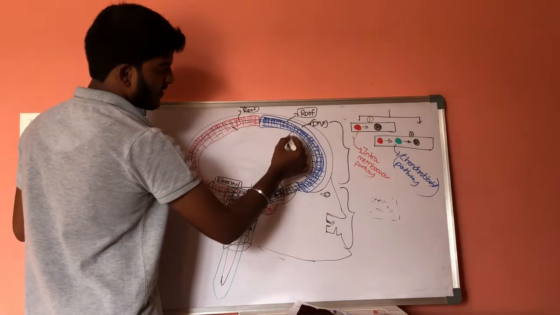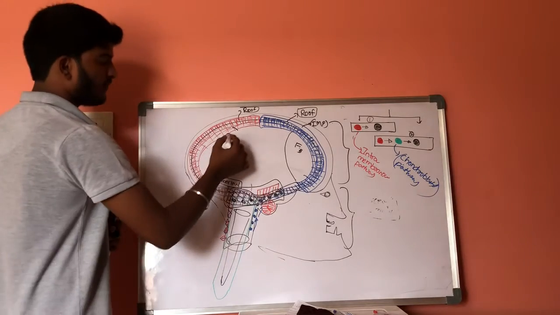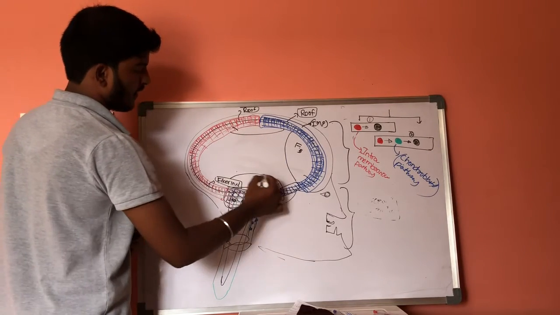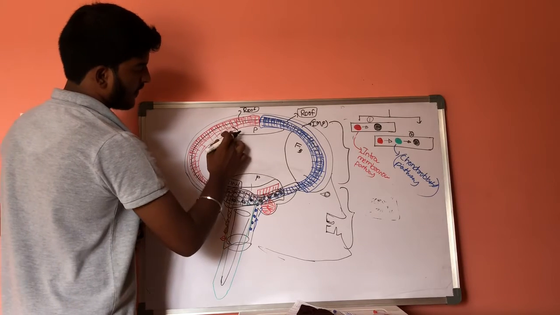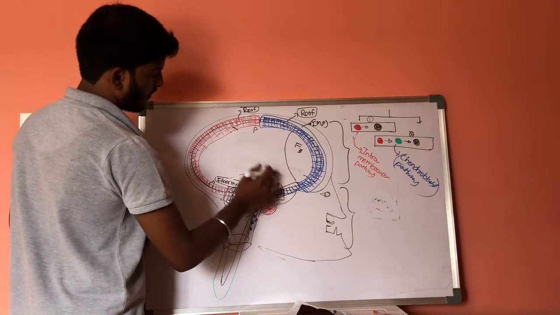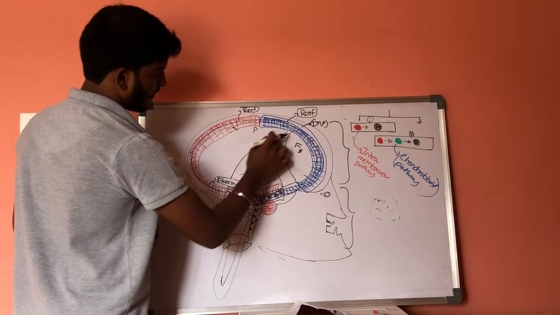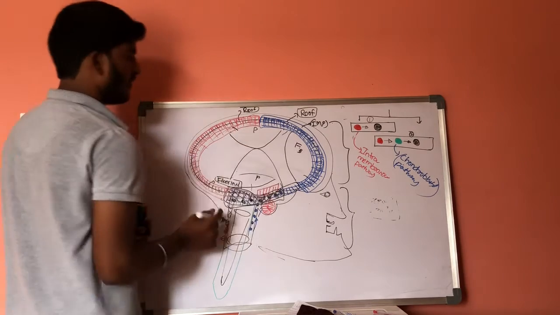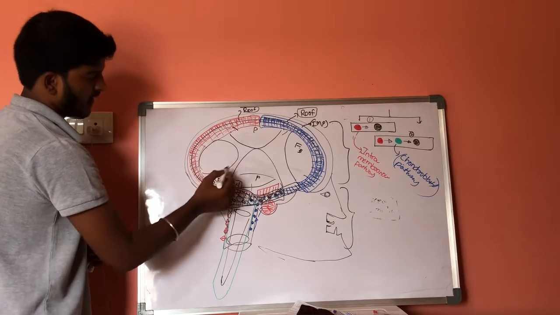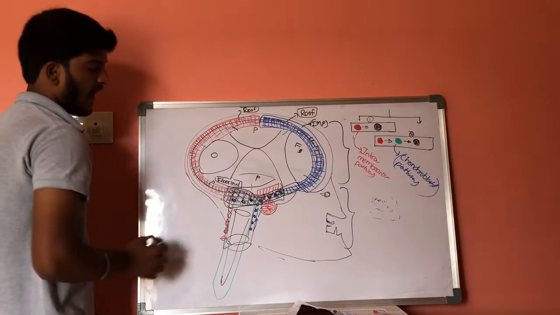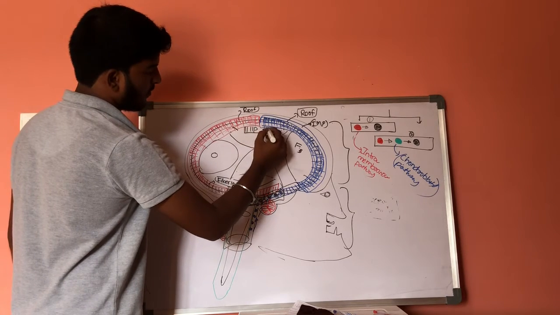It consists of the frontal bone and two parietal bones, these two are the parietal bones, and this is the occipital bone, and at the sides it consists of temporal bones.